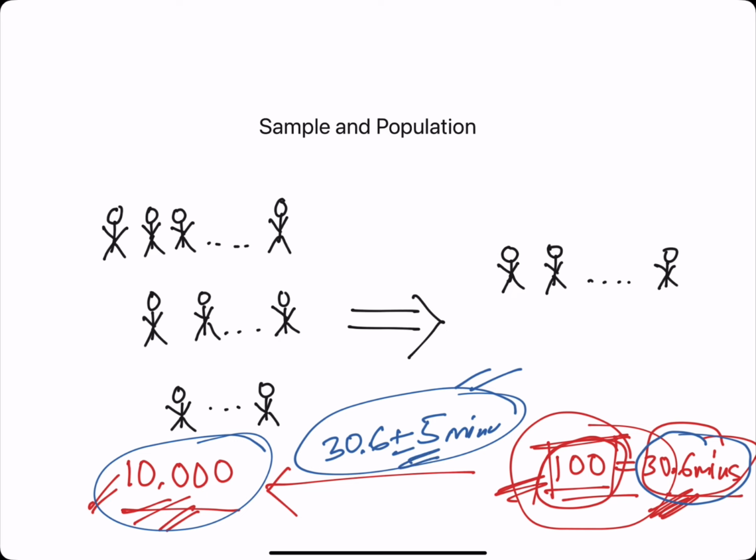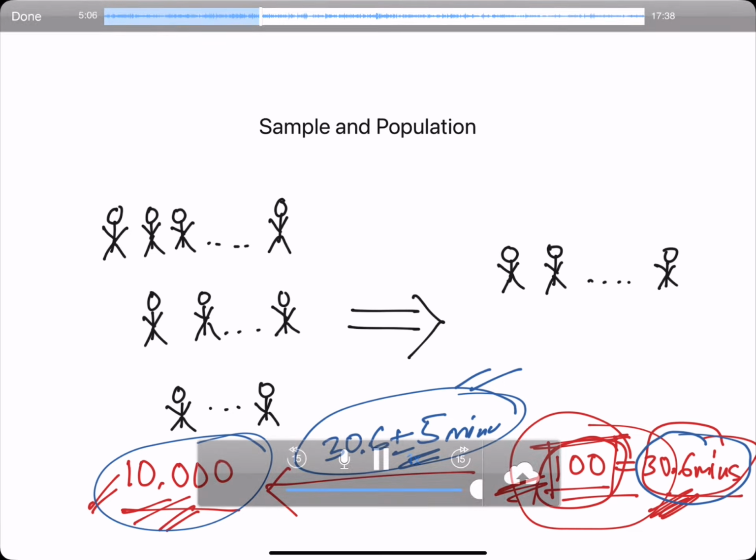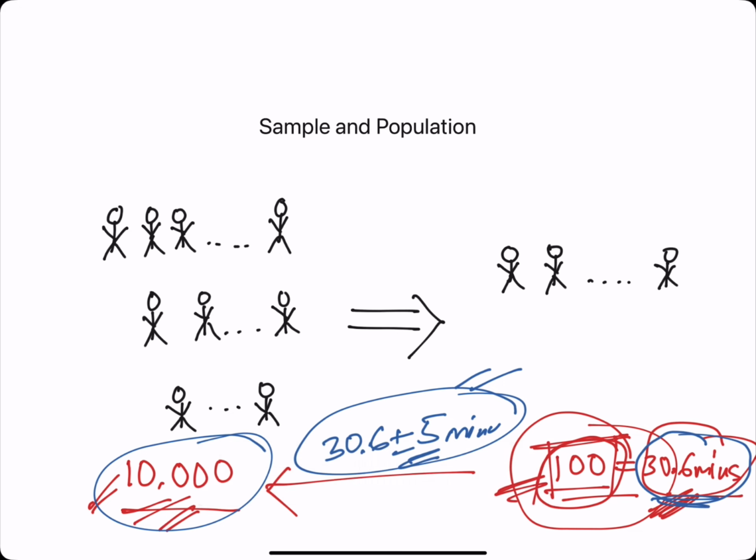If the range were narrower, such as plus minus 1 minute, we could be more confident that the actual average is close to 30.6 minutes. Conversely, a wider range like plus minus 10 minutes would make us less confident about the proximity of the sample mean to the true population mean. To determine how much our estimate might be off by and to understand the range of possible sample means, we use the concept of sampling distributions.